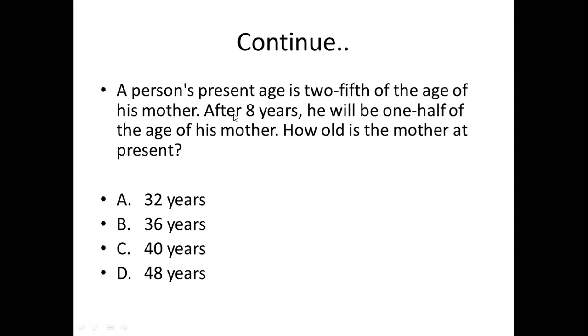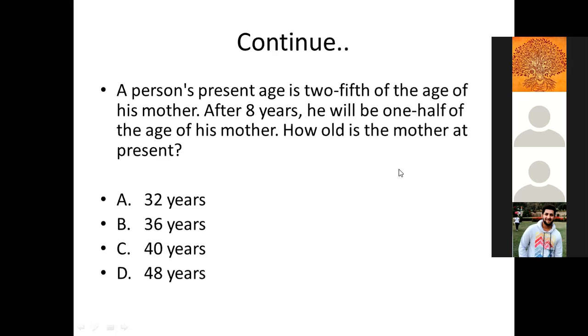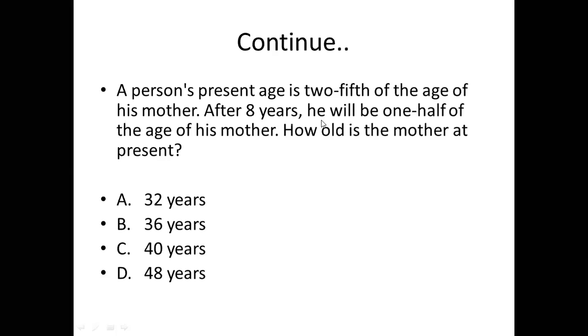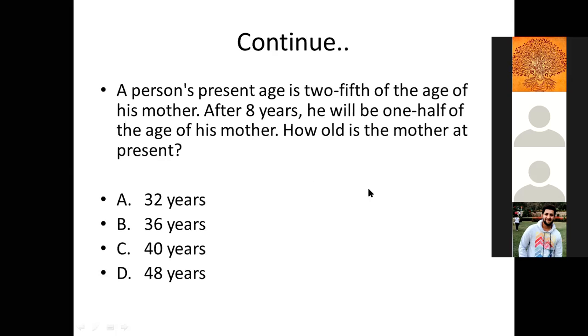That plus 8 we have to do on both sides. And what is said is that after 8 years he will be 1/2 of the age of his mother. So if we are assuming mother's age will be x, it will be 1/2x plus 8. I'm giving you the hint. Yes, do it. Then what we have to find is how old is the mother at present.